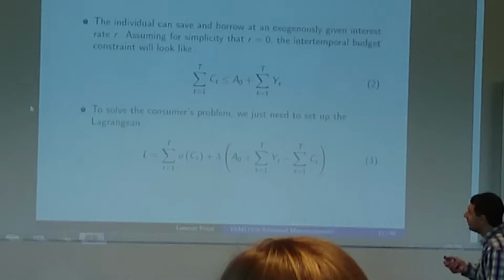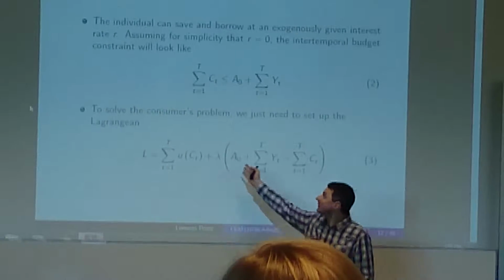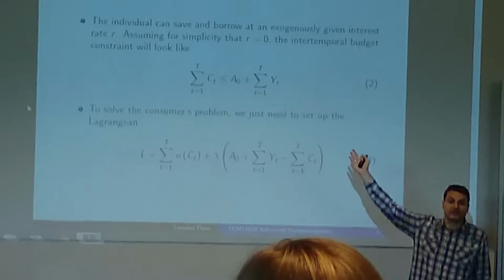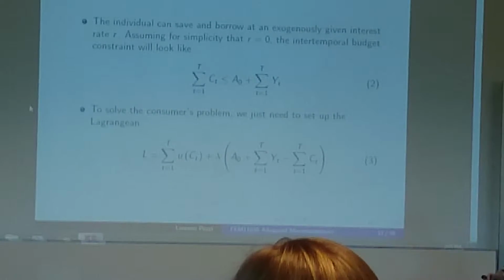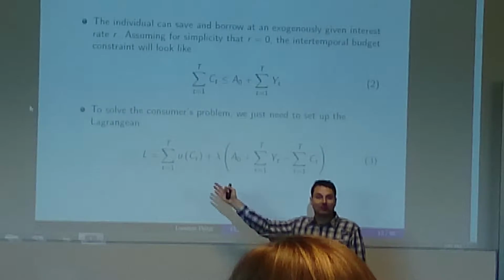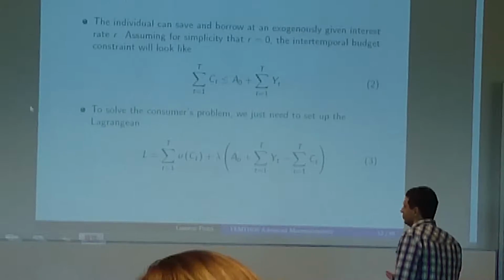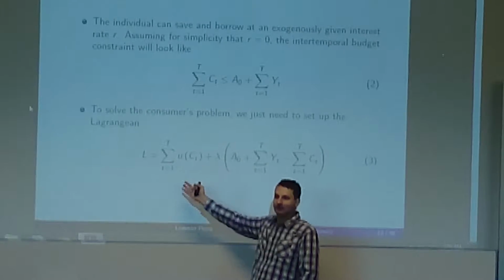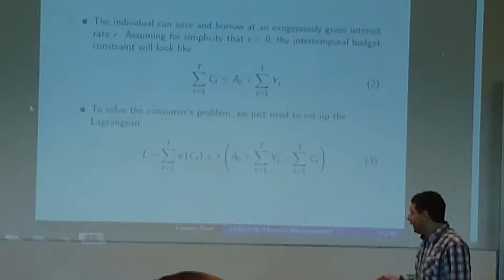Well, our consumer has to solve a problem, that is to maximize lifetime utility subject to the intertemporal budget constraint. We call this the intertemporal budget constraint. So how can you do that? You maximize the Lagrangian with respect to consumption in every period. So you will have a maximization problem with respect to consumption in T, with respect to consumption in T plus 1, and so on.